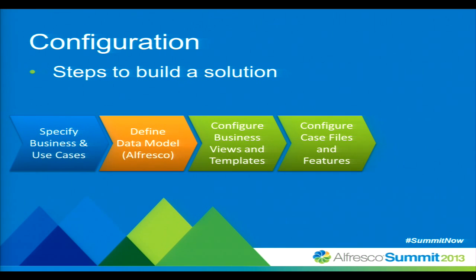The first thing you do is configure your business views. What we're talking about is that we configure folder structures, dynamic folder structures, which show customer files, case files in general, contract files, and so forth. We configure the appropriate search templates, which allow us to provide the criteria you want in order to find specific content, contracts, or customer files, claim files, and so forth.